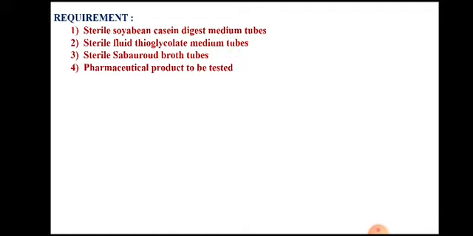But here in the sterility test we'll be using this for the detection of anaerobic contaminants present in a pharmaceutical product. Then sterile Sabouraud's broth tube for the detection of fungal contaminants, and the pharmaceutical product to be tested.